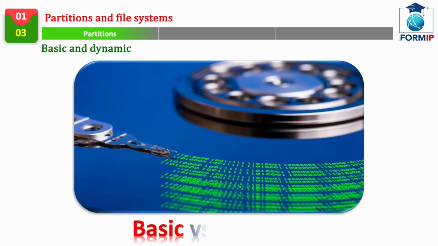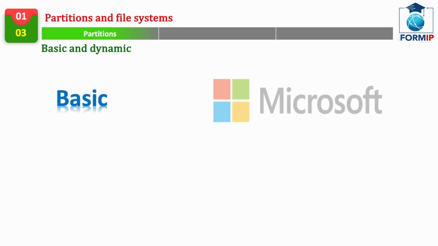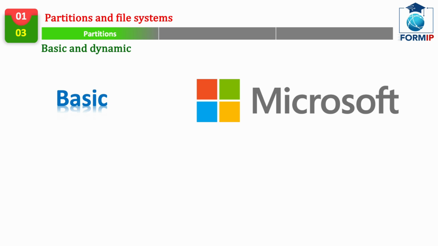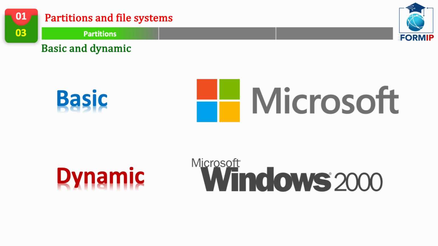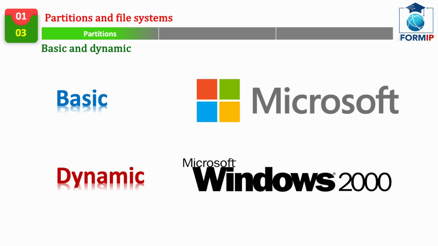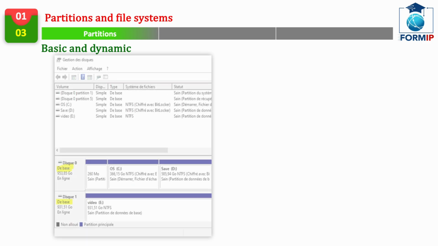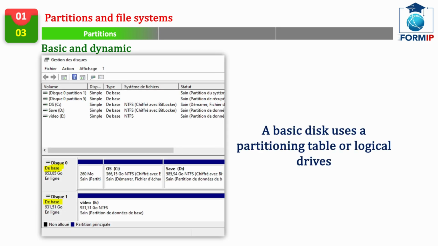We will now talk about the differences between a basic partition and a dynamic partition, which are configurations only available on Windows. The basic disk has been around since the creation of Windows, while the dynamic type appeared from Windows 2000. A disk that is in the basic format is based on a conventional format that uses partition tables or logical drives to manage the data on the hard disk.